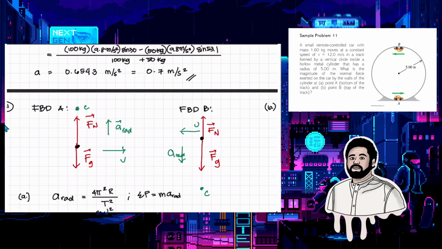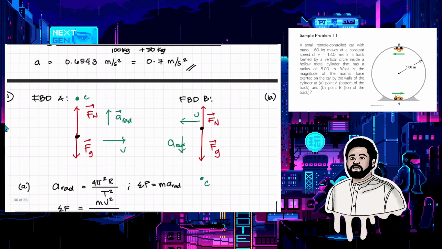For the free body diagram at the top, you still have the normal force pointing upwards and the pull of gravity pointing downwards. And your radial acceleration is center seeking. Since we are at the top, the radial acceleration is pointing downwards towards the center of our track.